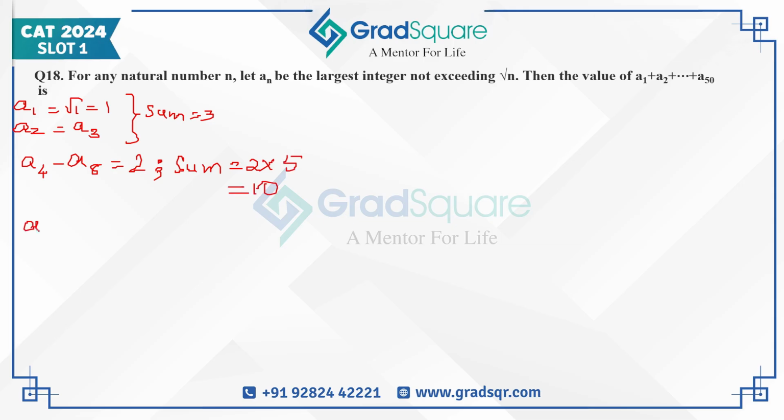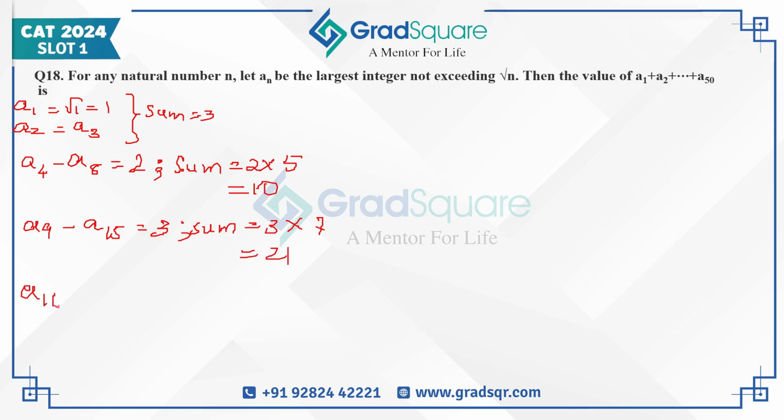Then we have from a9 to, the next perfect square is 16, so up to 15. Each value is going to be equal to 3, and the sum is equal to 3 into how many are there? 7, which is equal to 21.